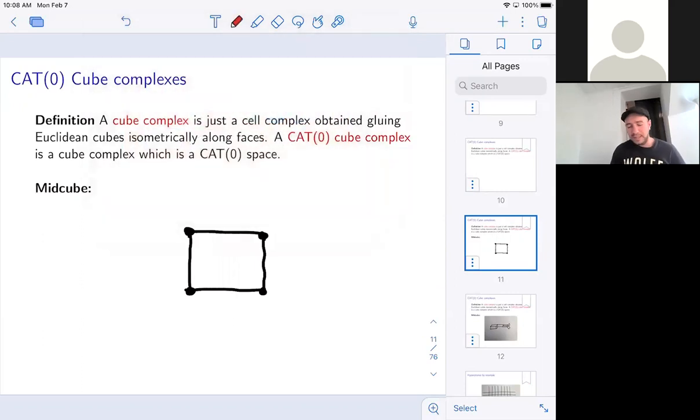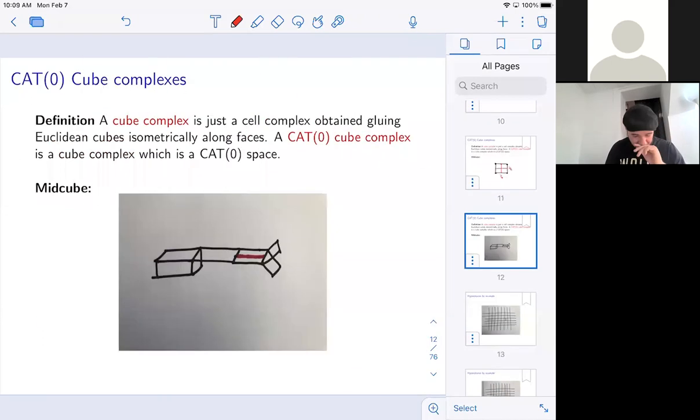Take for example a Euclidean square: a mid cube is what you get when you restrict one of the coordinates of the cube to half. So this square has two mid cubes: one that comes from restricting this coordinate to half, and another that comes from restricting this coordinate to half. Anytime you have an n-cube, you're going to have n different mid cubes in it.